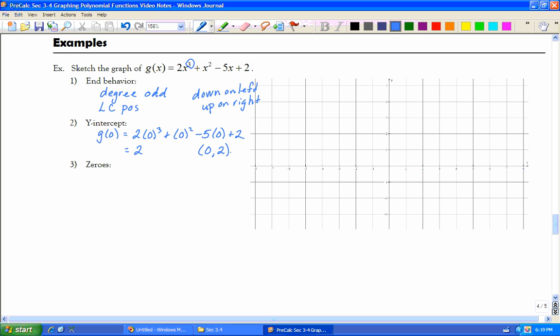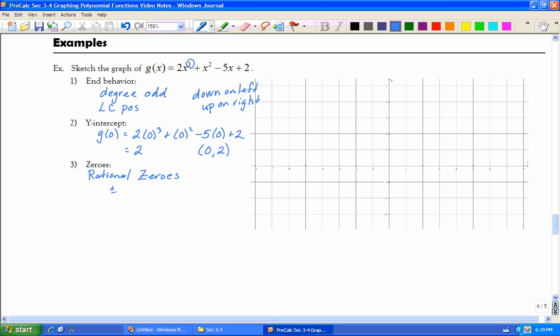Okay, finding our zeros. This is where we have a lot of different choices, but we're going to start with the rational zeros. So we have the factors of 2 divided by the factors of 2.